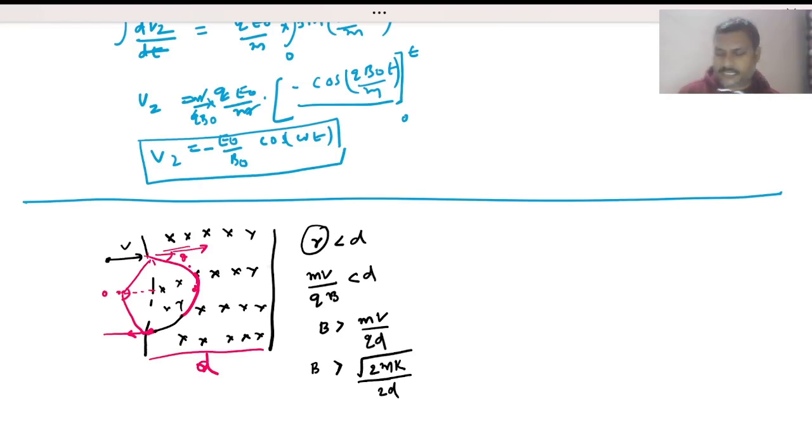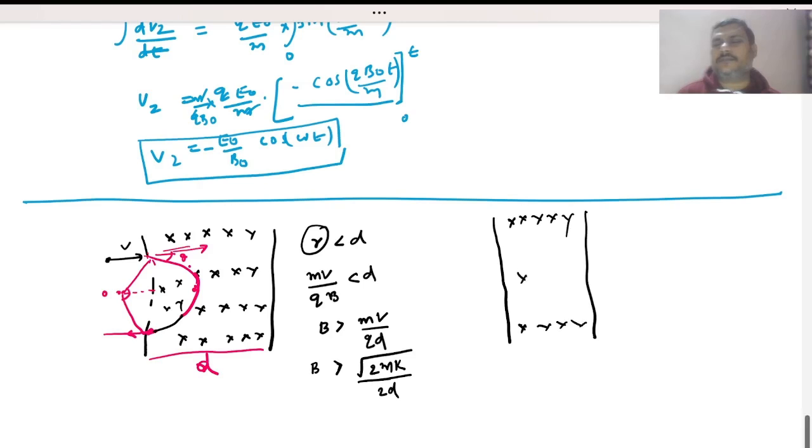Suppose it is not like this. In this other case, r is greater than d. This is the field region, and the particle is projected perpendicular to the field with velocity v. It takes a path like this. This angle is called the deviation angle.